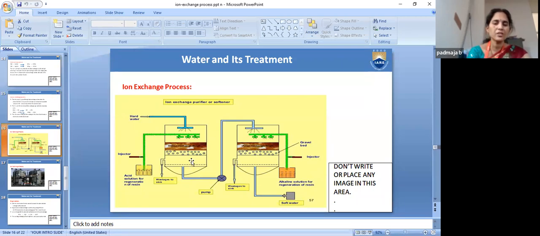Next, you can see in the first chamber there are two inlets. In one inlet we take the hard water. For the second inlet, we have connected one pipe to this chamber from a container in which we have arranged an acid solution for regeneration of the cation exchange resin.